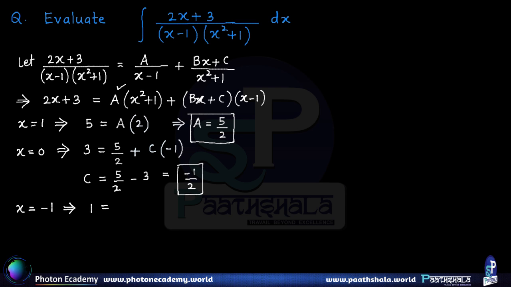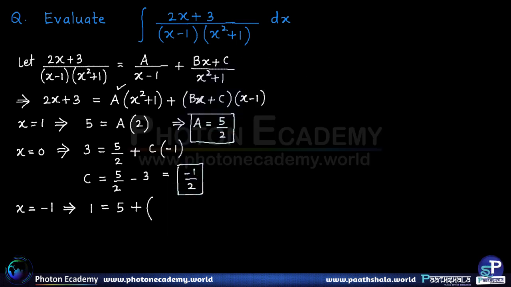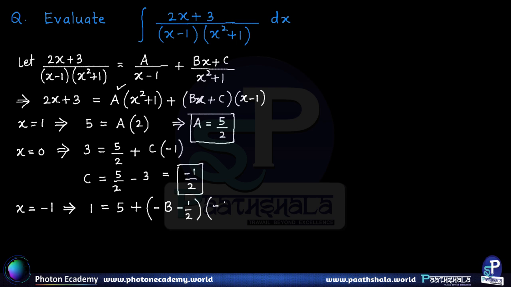So A is 5 by 2, so 2A is obviously just 5. Plus, now into the bracket we have Bx, so that gives us minus B, and plus C means minus half, into x minus 1, that is minus 1 minus 1, that is minus 2.